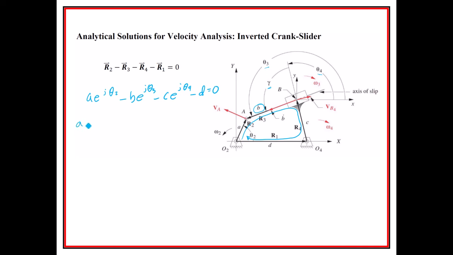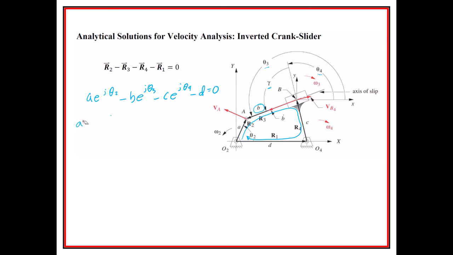So A ω2 j e^(jθ2) minus B ω3 j, don't forget your j's, j e^(jθ3) minus C ω4 j e^(jθ4), and then D goes away. But we got a problem. Let me go back.